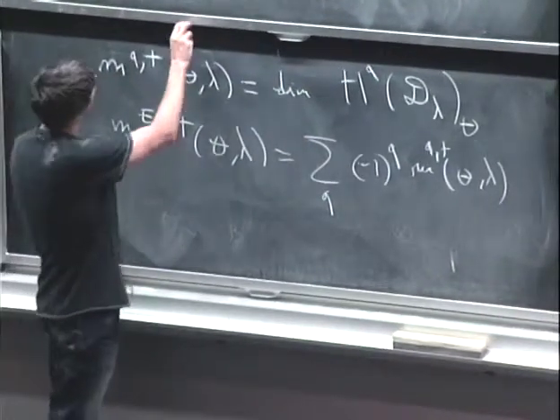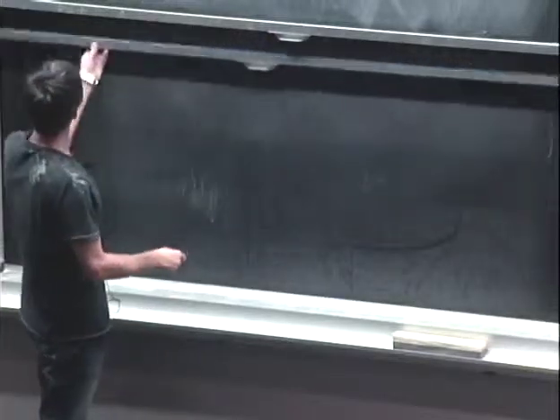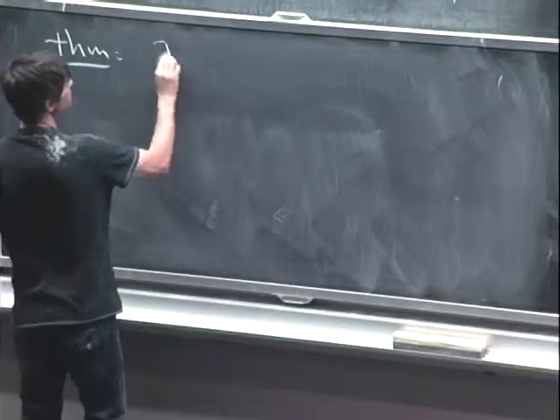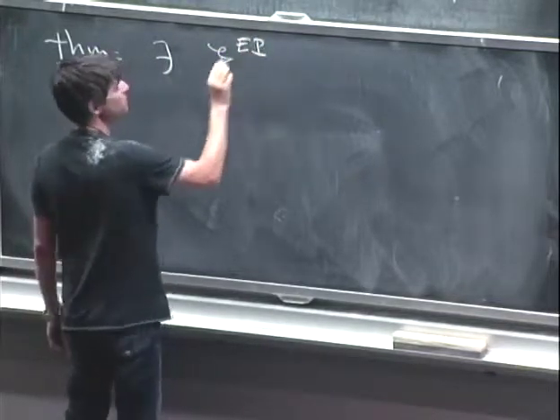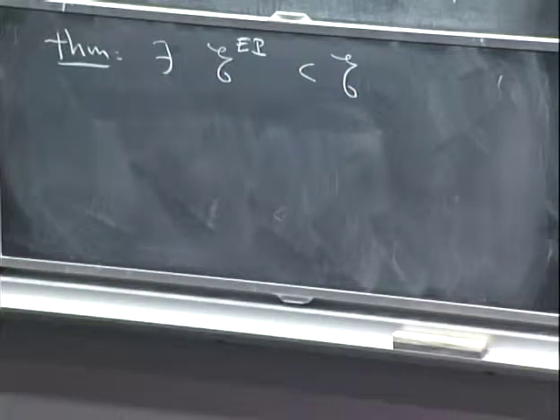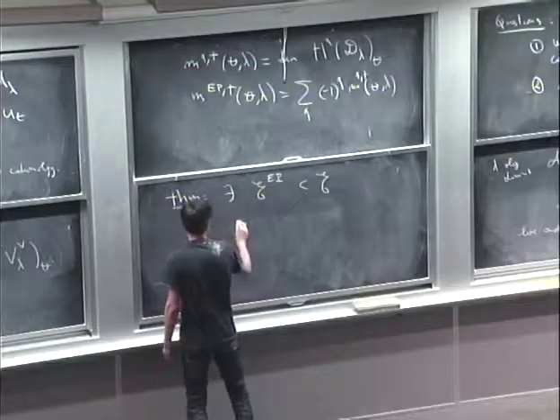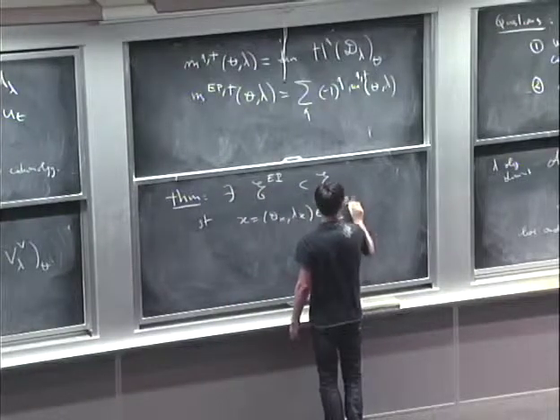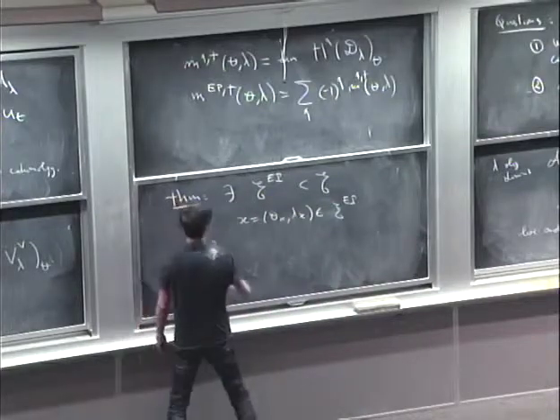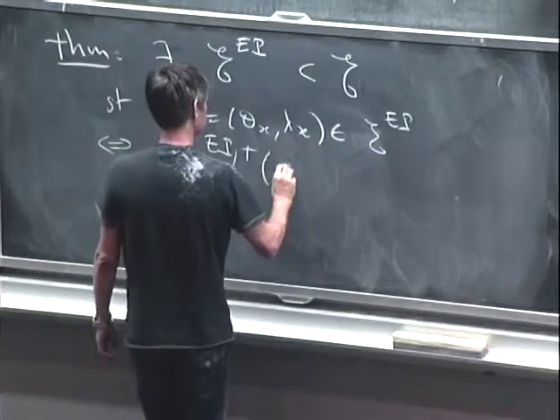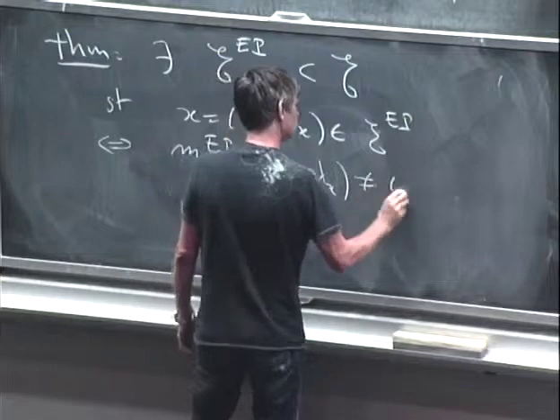And so the theorem that gives a partial answer is that there exists a subvariety inside the eigenvariety that I call EP, such that a point x, x lambda x, belongs to EP if and only if the Euler-Poincaré characteristic of the x lambda x doesn't vanish.